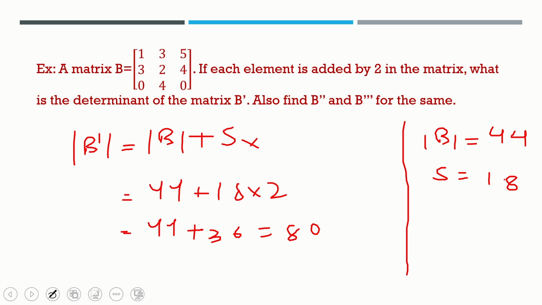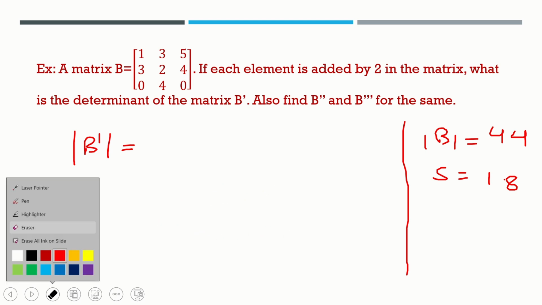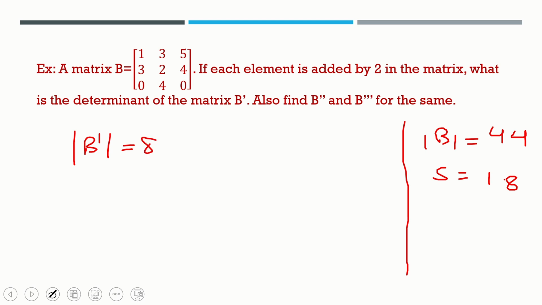Okay, so we have calculated this part, and we also have to find the determinant of B double dash and B triple dash. If you remember the general equation, then it's very good. Otherwise I'm writing it over here.